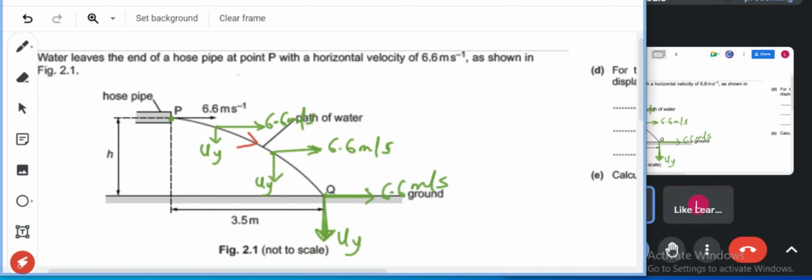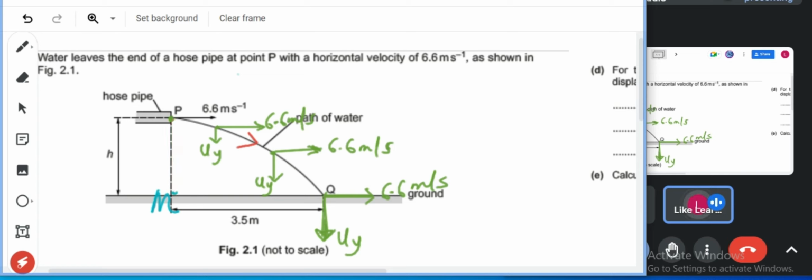Yes, I can. If you leave an object to drop freely from here to here, I will call here M. Did you see where I wrote M? I left the object to drop freely from P to M, a free fall.